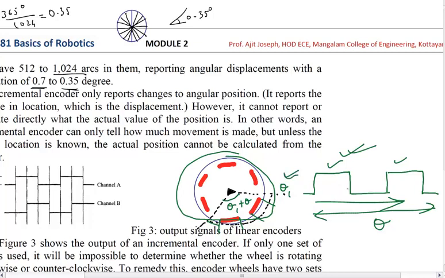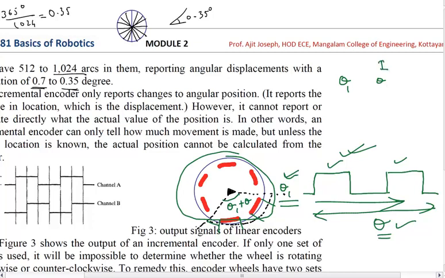And that's why it is called an incremental encoder, because it can only tell you the increment value theta. What is the change theta, only that value it can say. So what does the program do? The program always tries to store the initial value every time. So suppose the initial value is theta 1, it will store theta 1, and then it will calculate the value of theta, and it will say that okay, theta is the increment.